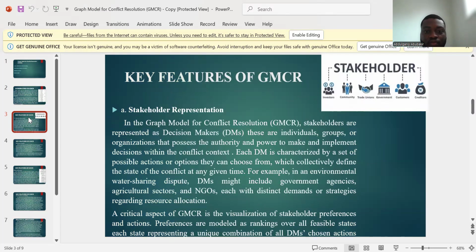So then there are key features of GMCR. Number one is stakeholder representation, as I summarized.